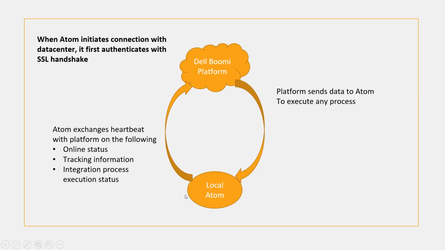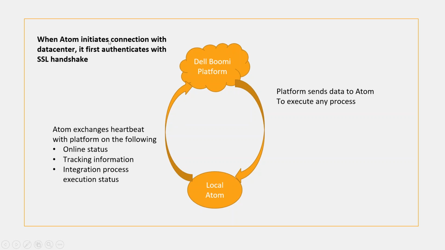So when the status is online, the Dell Boomi platform shows you that particular Atom on the UI. And if this heartbeat is not exchanged for a while between the Atom and the platform, the platform considers that the Atom is off and not able to receive messages, so it shows the Atom as offline. By this, the Dell Boomi platform and the local Atom communicate with each other.